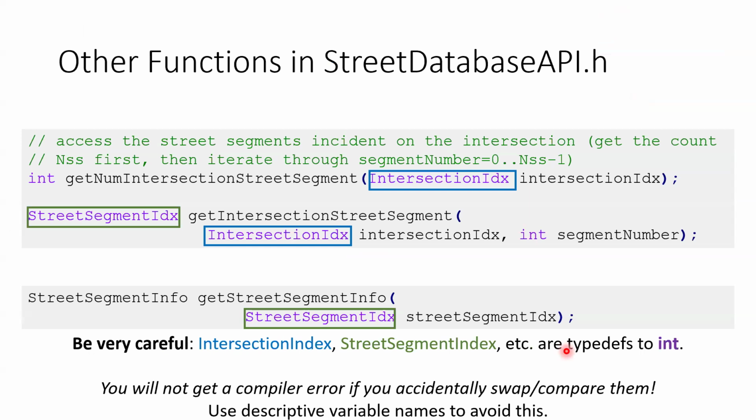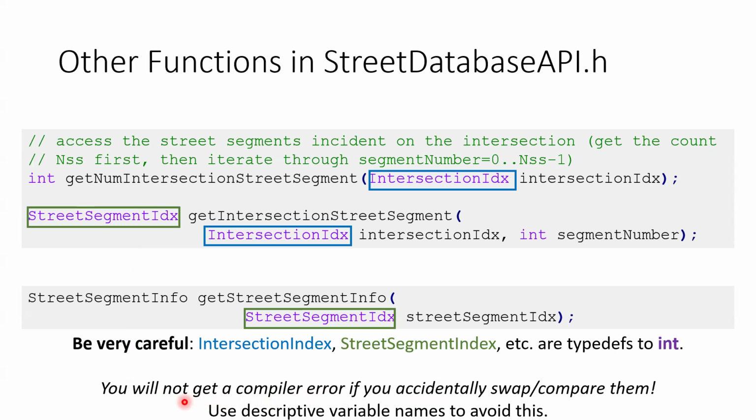We just need to be very careful that the type names intersection index and street segment index are all typedefs to int. So the compiler will treat them all as int. So if you accidentally put an intersection index into a street segment index, your compiler is not going to notice anything. So our recommendation is to use descriptive variable names.